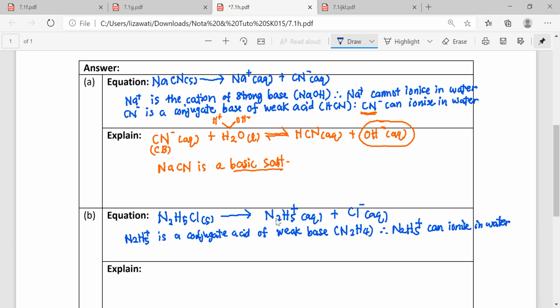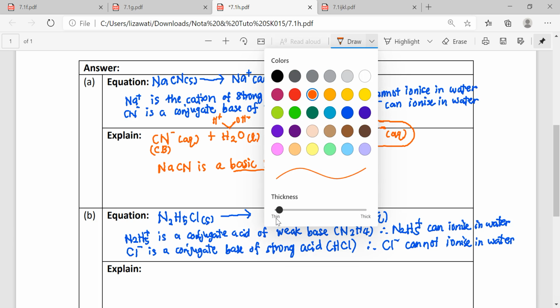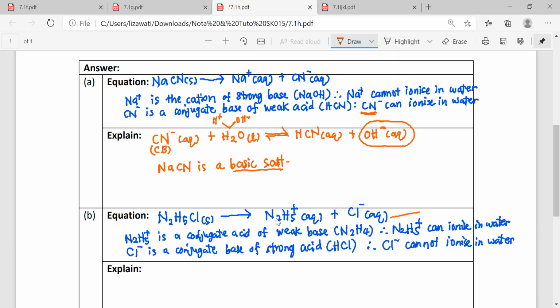Now for Cl-. Cl- ion is a conjugate base of a strong acid, that is HCl. Therefore, Cl- ion cannot ionize in water. So you have to write the ionization equation for the cation.